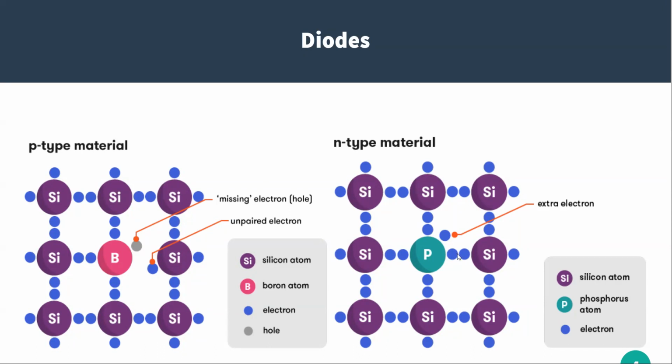To make an N-type, we add something like phosphorus, which has 5 valence electrons. So 5 and 4 don't add up either, and we wind up with, like musical chairs, you take a chair away, you got an extra electron there. So it becomes a negative charge. So when we put them together, we've got a positive charge material on one side of the junction and a negative on the other.